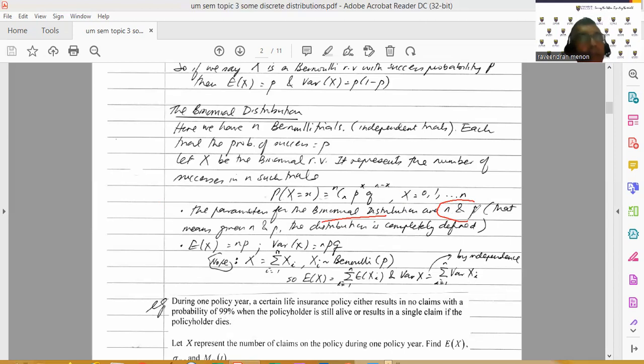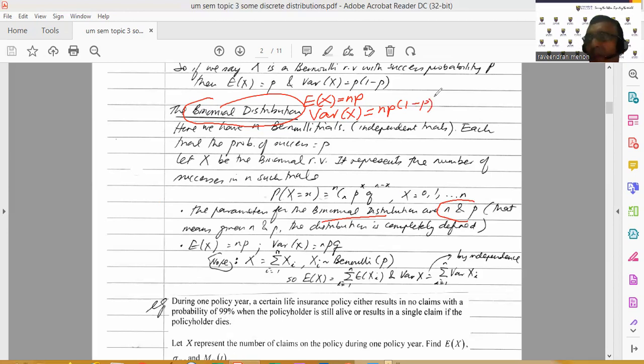Next, if you have a binomial distribution, the expected value of X will be np, and the variance of X will be np(1 - p).